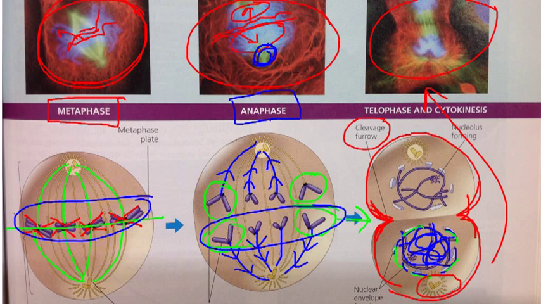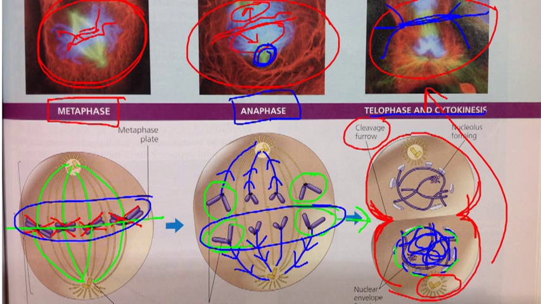And then looking at the last, telophase and cytokinesis, you can see that there's a clear cleavage furrow there, and that cell is beginning to be divided pretty clearly. Now, if this was a plant cell, this division right here would be a cell plate, because you'll remember that there's a cell wall in plants. They don't just have the membrane, but they also have a cell wall.